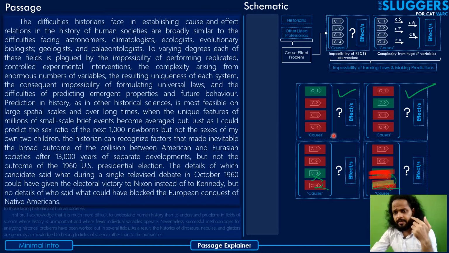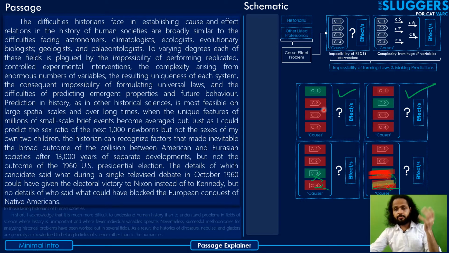In your case, you were able to shut down some of the causes and observe the effect and check whether the effect was still true in the absence of all the other causes and in the presence of just one cause, right? The historian cannot do that. The historian does not have a time machine where he can go back and ask everyone else to just stick with the civil disobedience movement and not do anything else, and see if we still get independence or not.